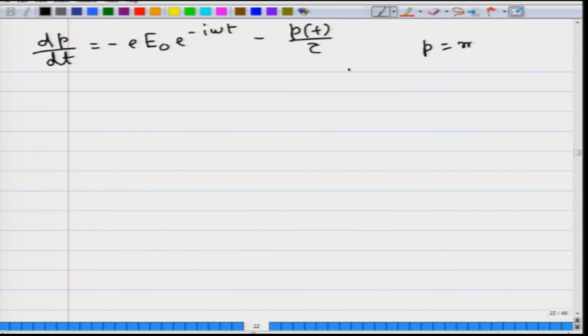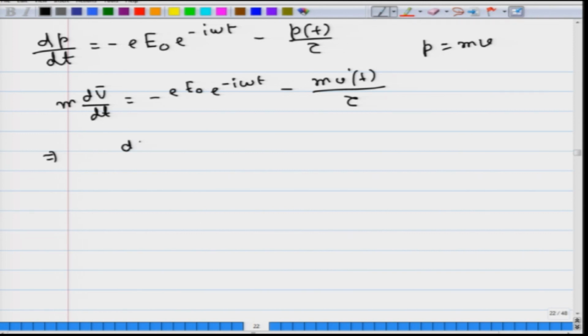We put p equals mv, so we get m dv/dt equals minus e E naught e to the power minus i omega t minus m v(t)/tau. We divide both sides by m, so dv/dt equals minus e E naught by m e to the power minus i omega t minus v(t)/tau.